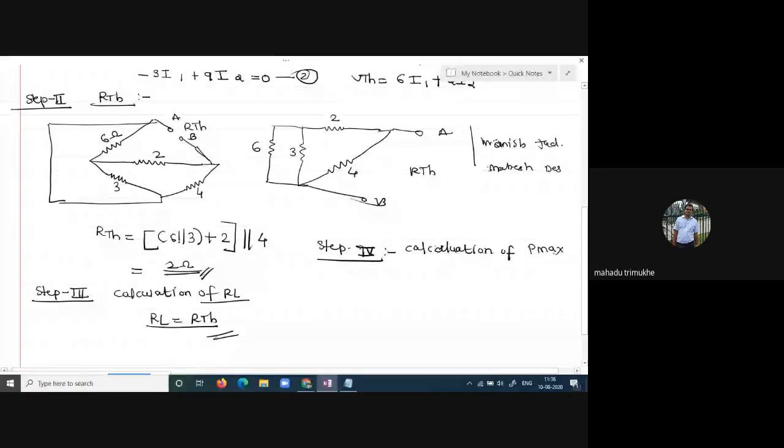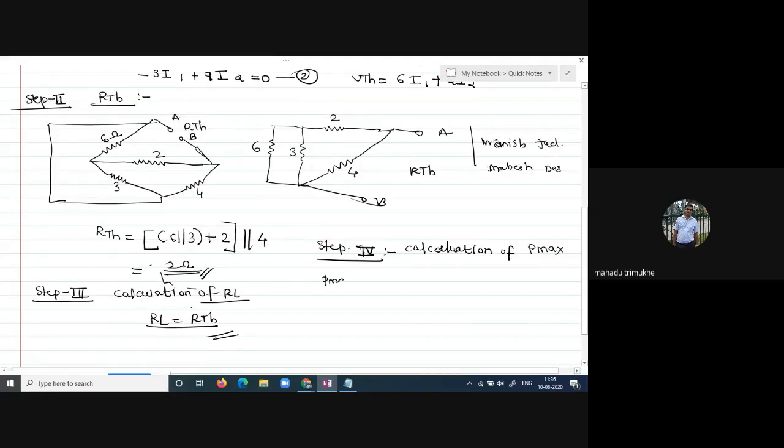What is the Pmax formula that we have seen already? Pmax is equal to Vth square divided by 4 Rth.